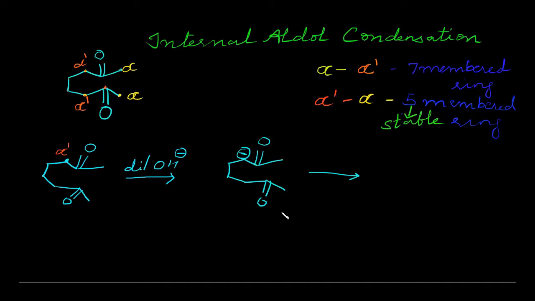So here pi electrons are drawn towards oxygen, thus leading to a partial positive charge on this carbon. Now this negatively charged carbanion attacks this carbon and thus it forms a 5-membered ring. This is your 5-membered ring.